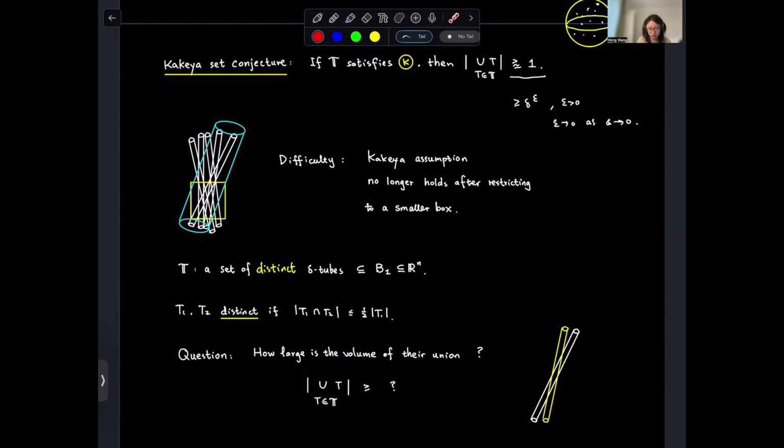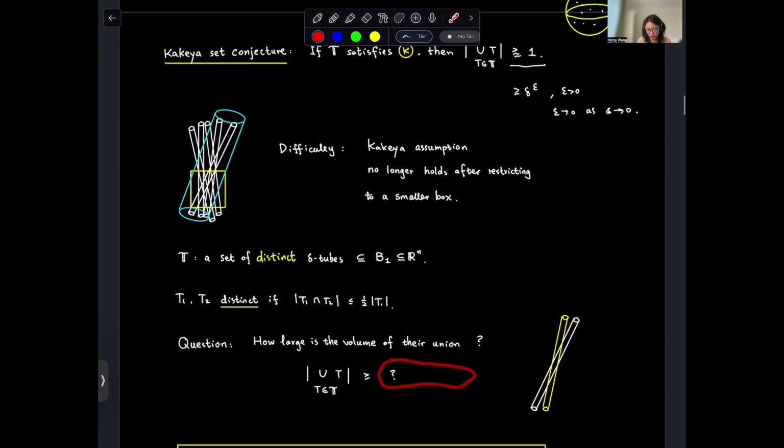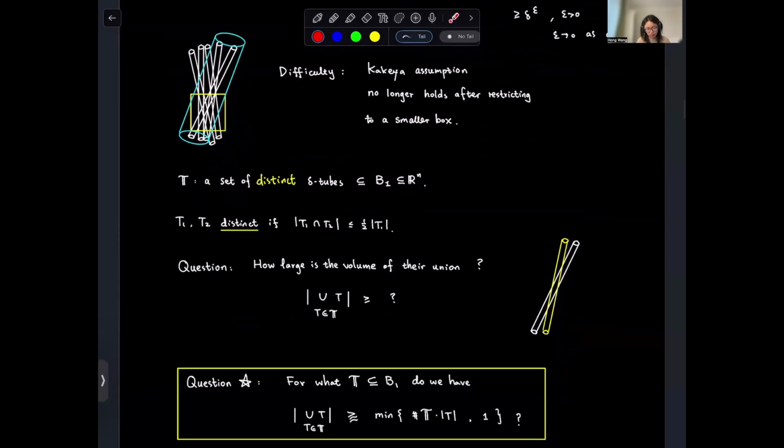So the question is, suppose we have a set of distinct delta tubes contained in the unit ball, how large is the volume of their union? So what is a meaningful lower bound to put here? There are two natural bounds. The first one is the number of tubes times the volume of a single tube.